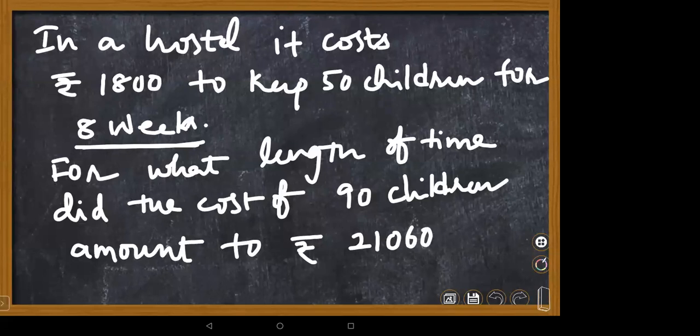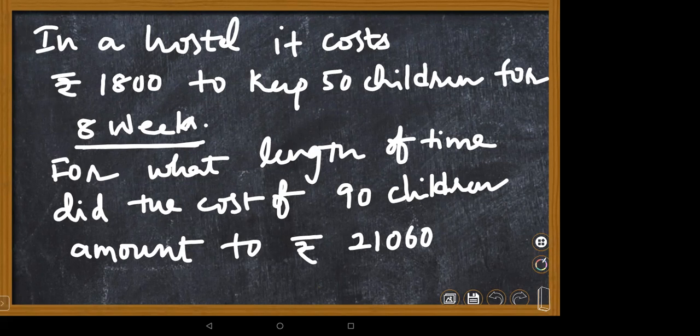Ma'am, just for 90 children, why will it go that much huge price? You just see the time period, because we are supposed to find the length of time period. In a hostel, it costs rupees 1,800 to keep 50 children for 8 weeks.